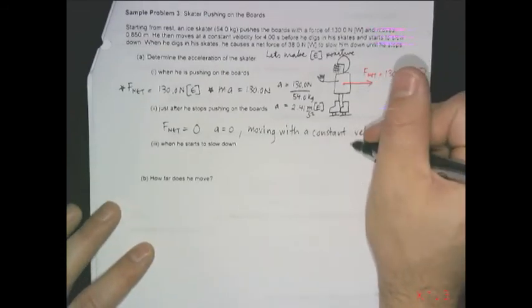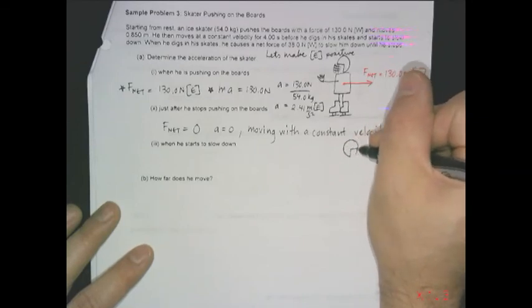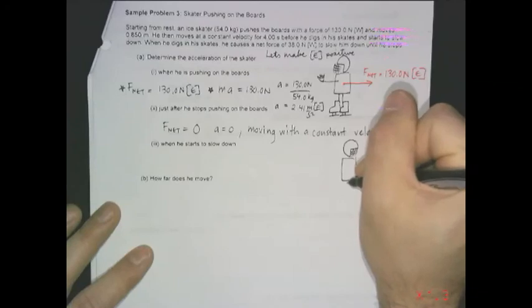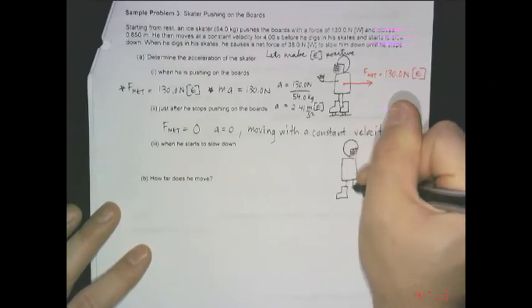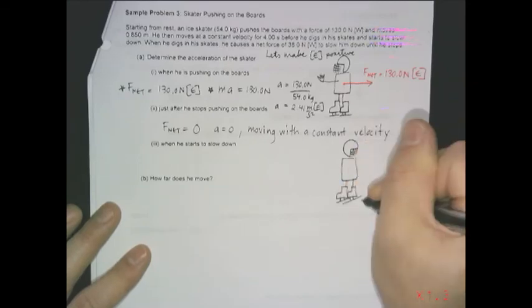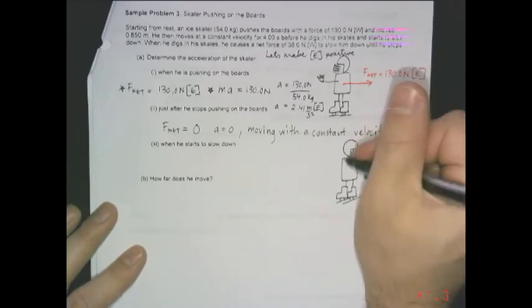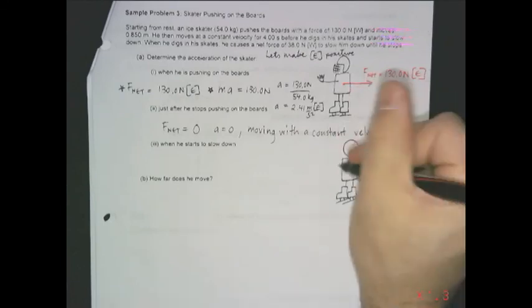So we have the skater who is traveling east, applies this hockey stop, which gives him a net force in the west direction.